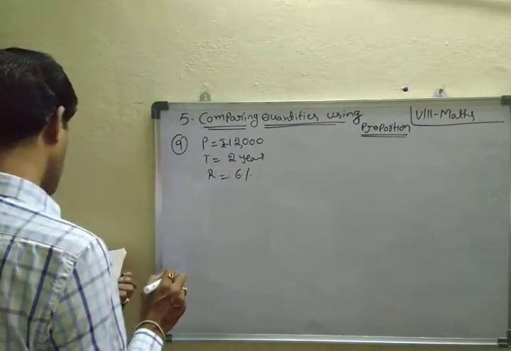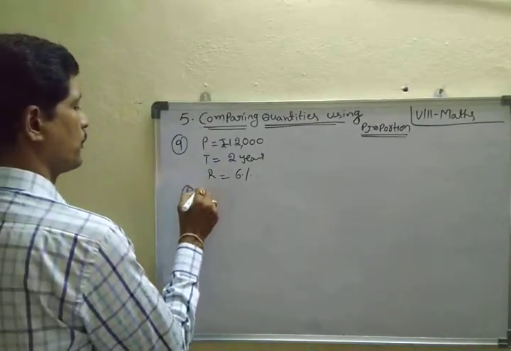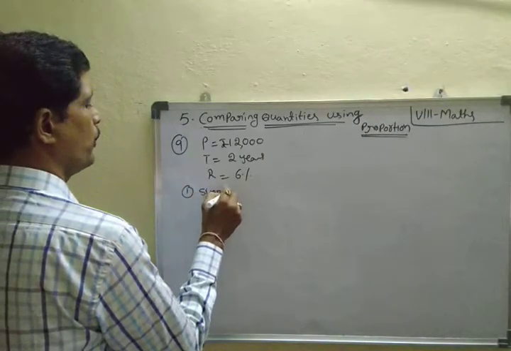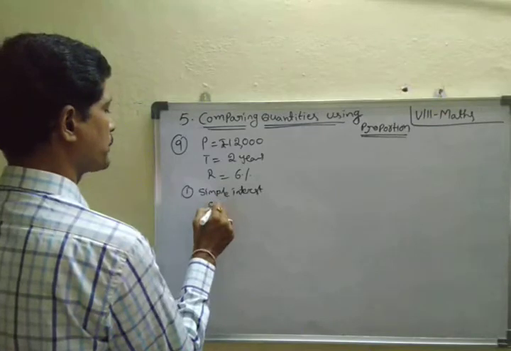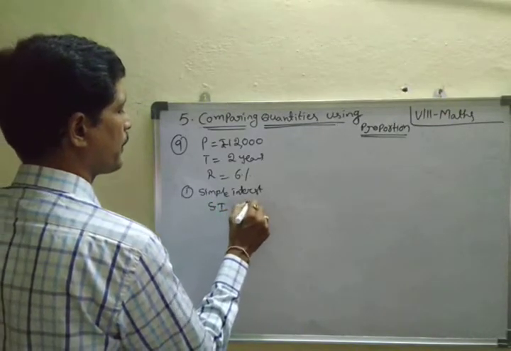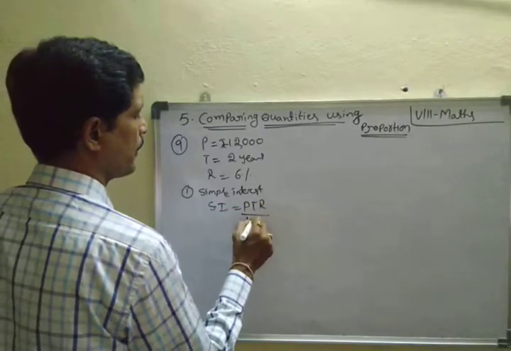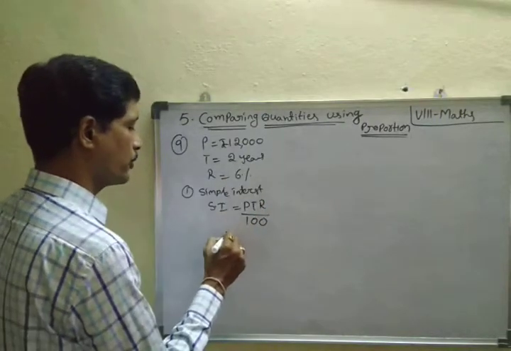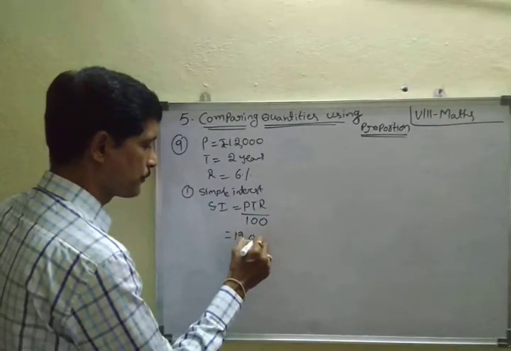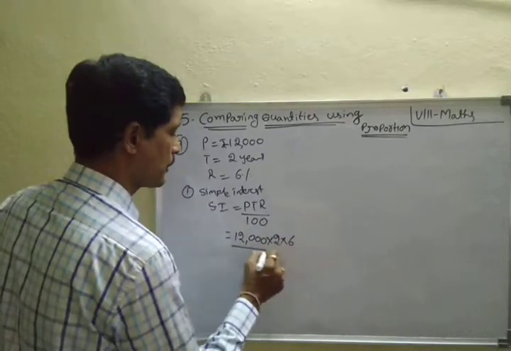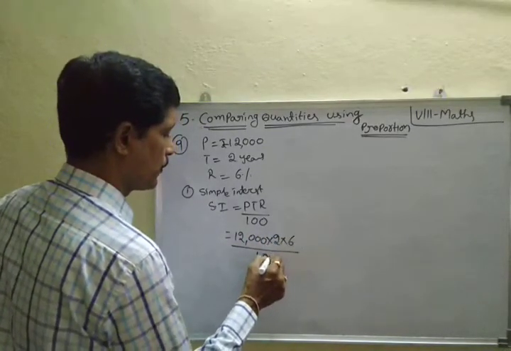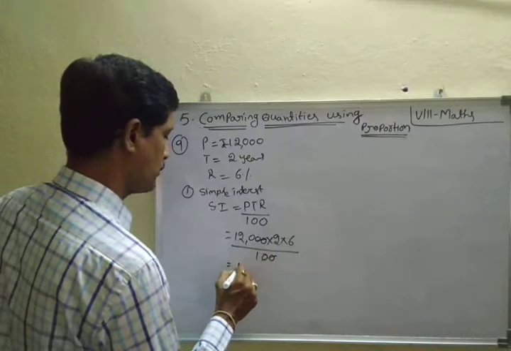First one is simple interest. Simple interest SI equal to PTR by 100. Here P equal to 12,000 rupees into T equal to 2 years, and rate of interest equal to 6. 2 zeros get cancelled.